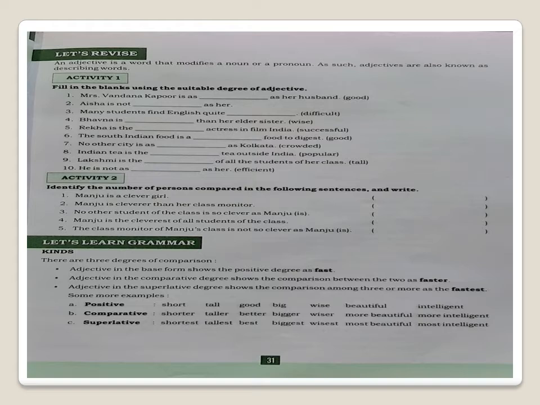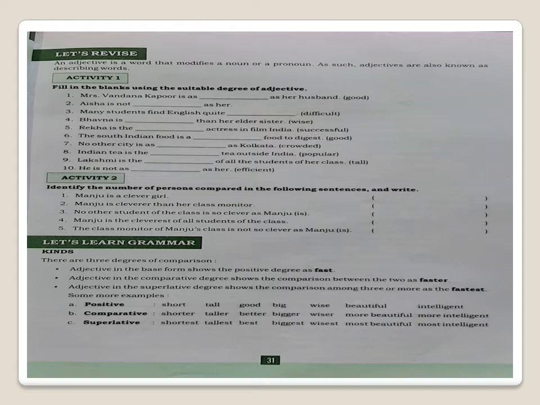On our previous knowledge, we have learned adjectives, degrees of comparison in class 6 and 7 also. So here activity 1 is given and activity 2 is given. In activity 1 we'll do 1 or 2 sentences, and from activity 2 also we'll do 1 or 2 sentences.